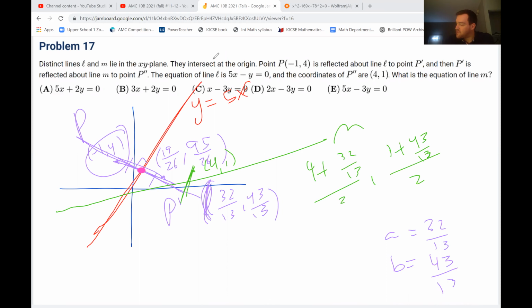Simplifying these results in 84 over 26, comma 56 over 26, which reduces to 42 over 13, 28 over 13, right?